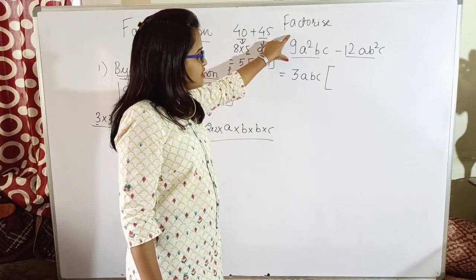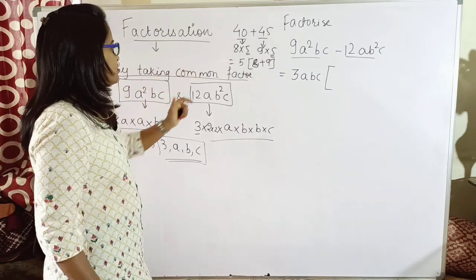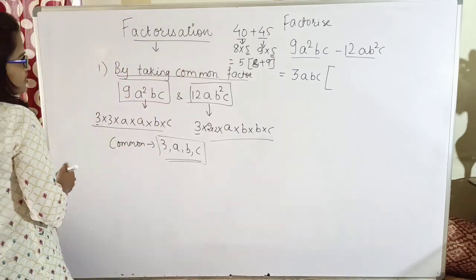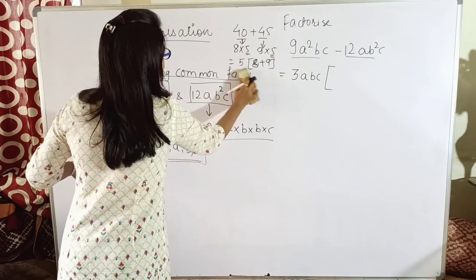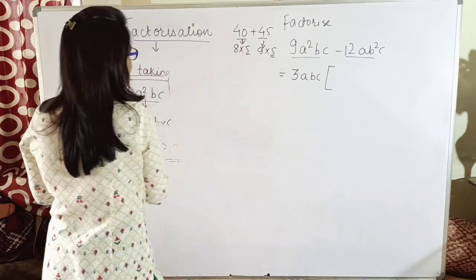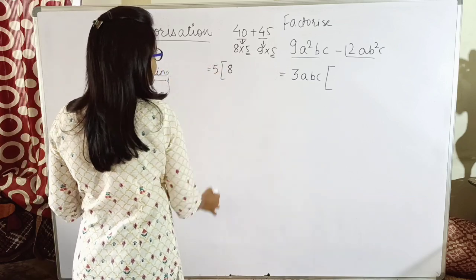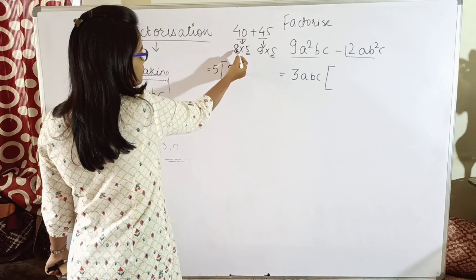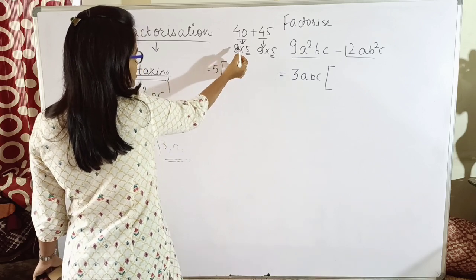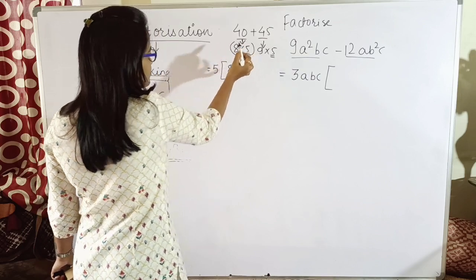From 9a square bc I have taken 3abc common. So what is remaining? See here, in this case, why did you write 8 inside the bracket? Yes, when I had taken 5 as common, why had I written 8 inside the bracket? Because 5 into 8 is 40. So 5 into 8 is 40. It means the multiplication of this has to give the term itself.